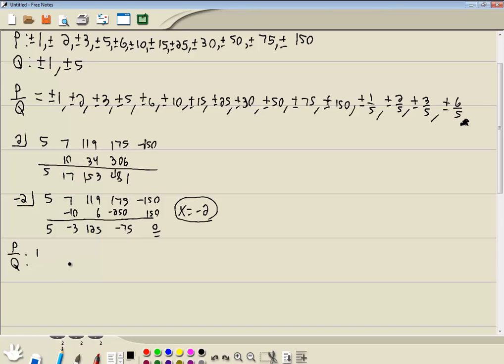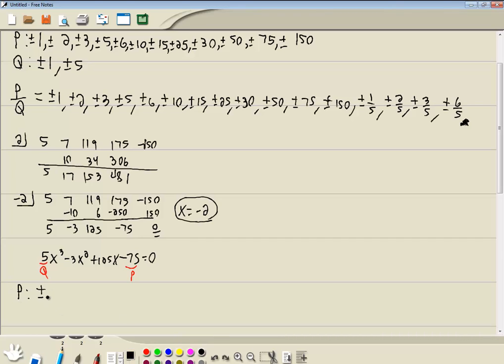Because what we now have is 5x to the third minus 3x squared plus 125x minus 75 is equal to 0. So we got a new p and we got a new q.